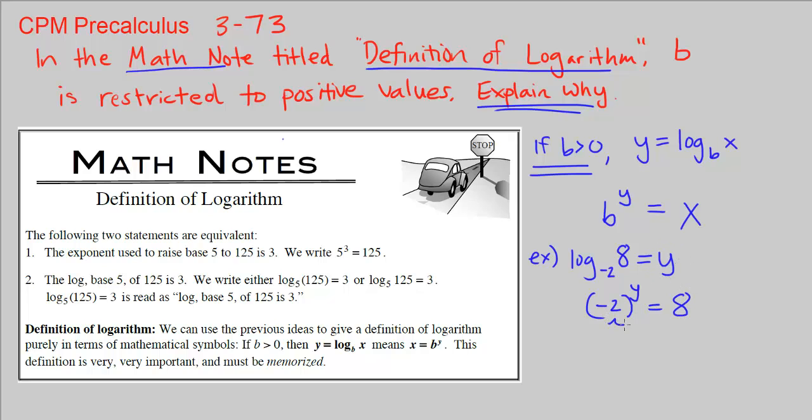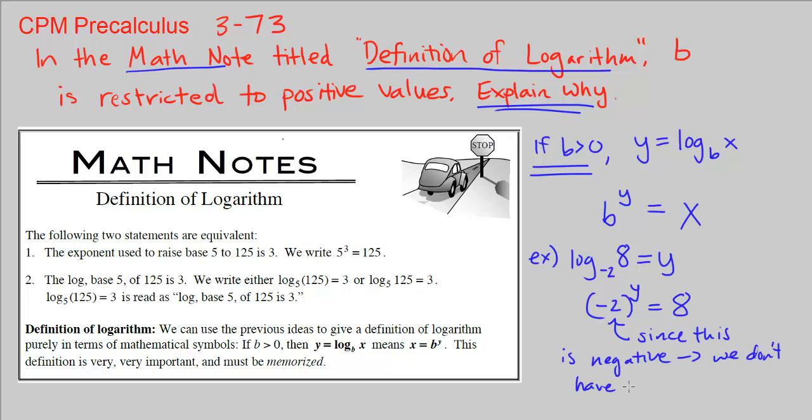When we have a negative number here, do we have any value of y for which this is true? Since this is negative, we don't have any value for y. Let's be more specific.